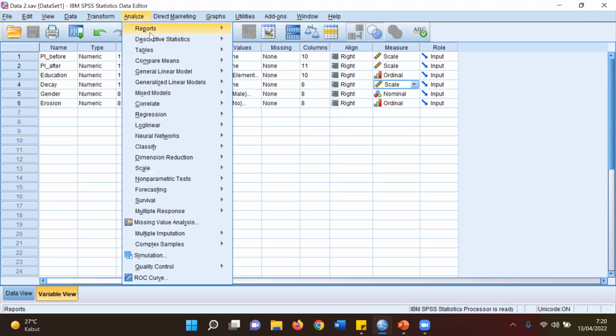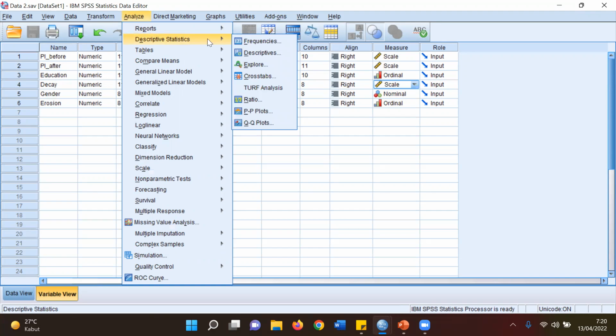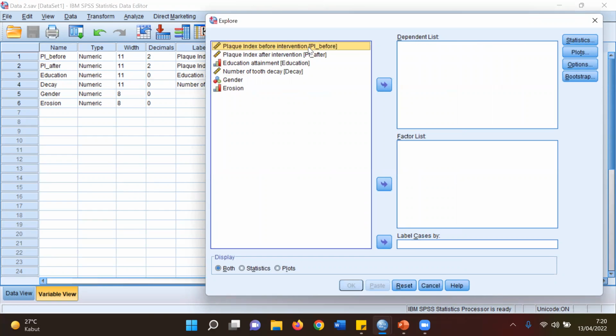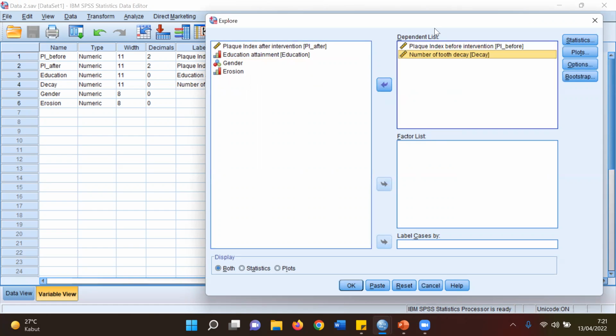You can go to Analyze, Descriptive Statistics, and go to Explore. Okay, I'll reset. So we are going to check whether there is a correlation between plaque index before and the number of tooth decay. Make sure both of them are put in the dependent list, not in the factor list.